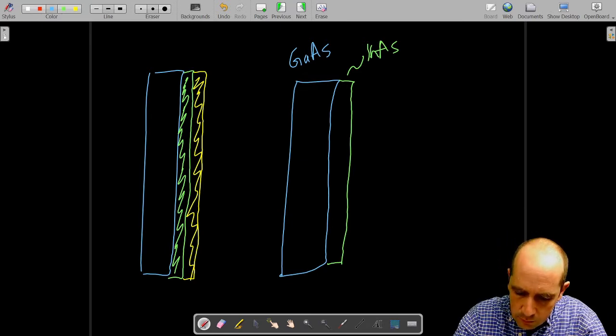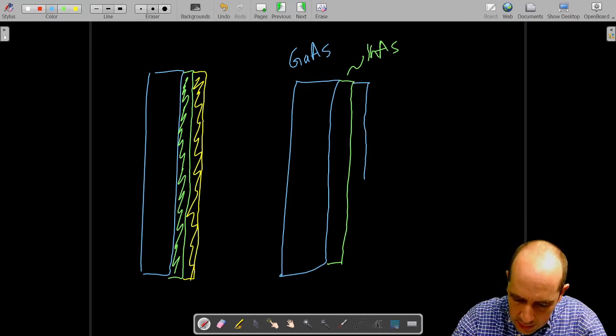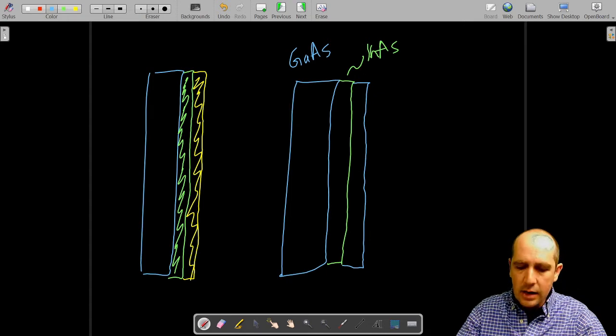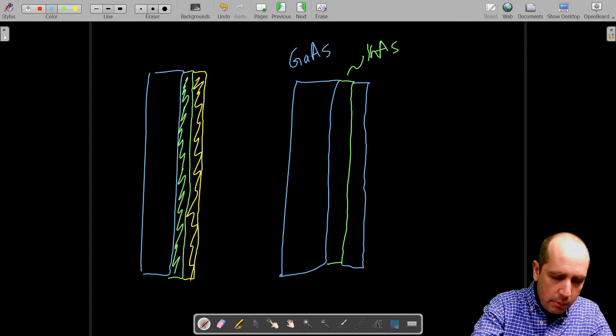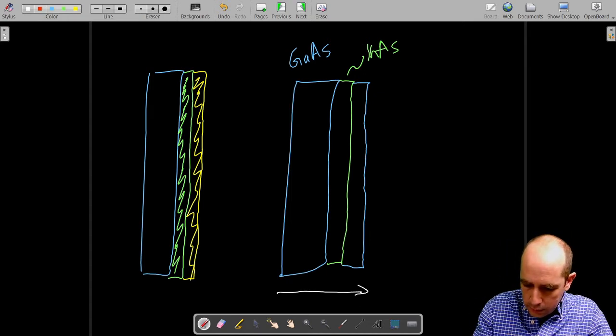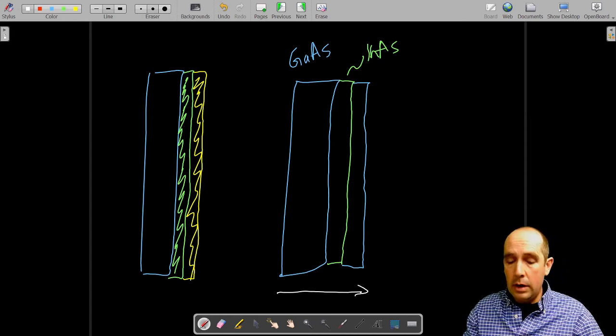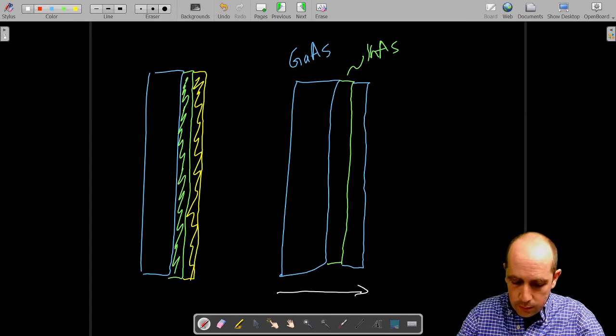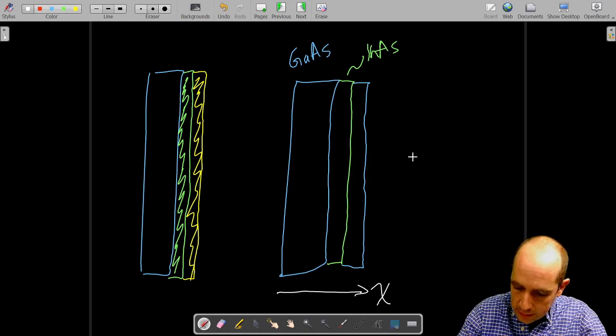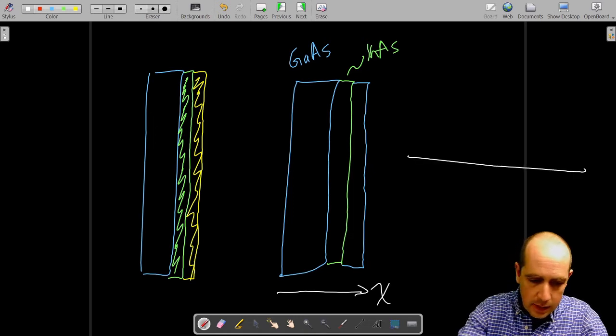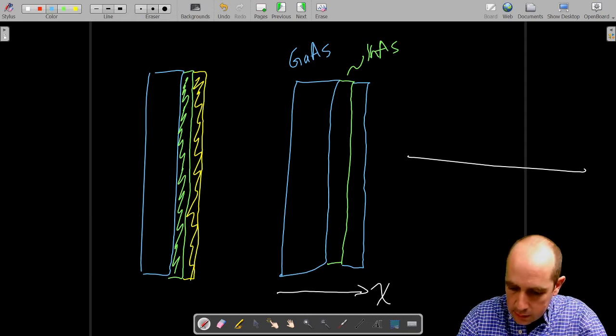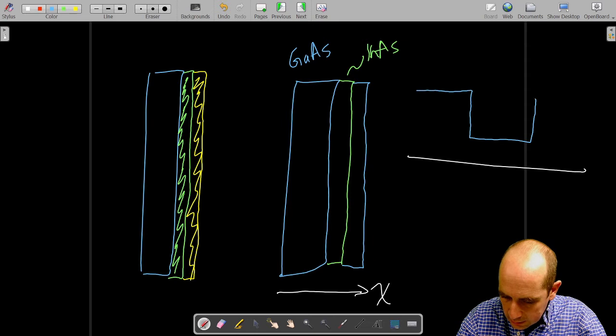And we could, for example, grow another layer of gallium arsenide here, and if we then make a plot of the band gap as a function of this position here, what we will find is that the bands will look something like that.